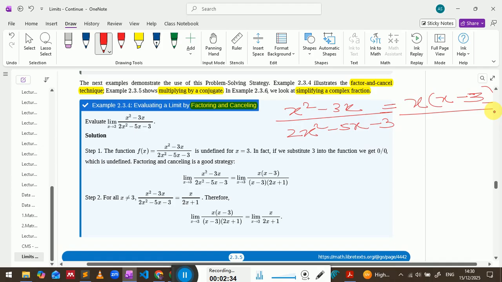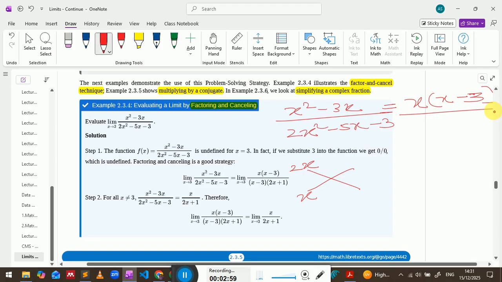If you apply factorization for the bottom elements, maybe you can apply whatever factorization technique. I am using 2x into x, 2x squared, 1 into 3, 3. But we need minus 5. So 1 into 3, so minus 3x. Here, no, it's not the correct way.